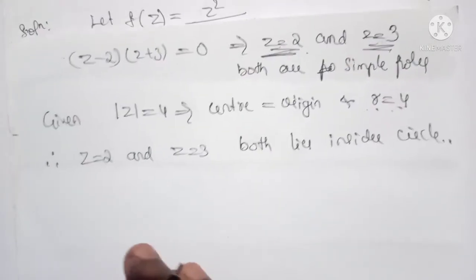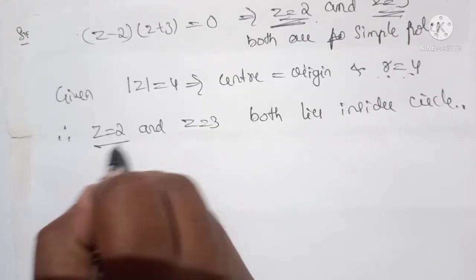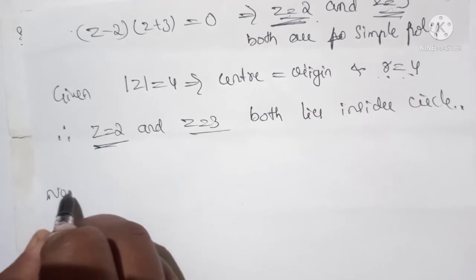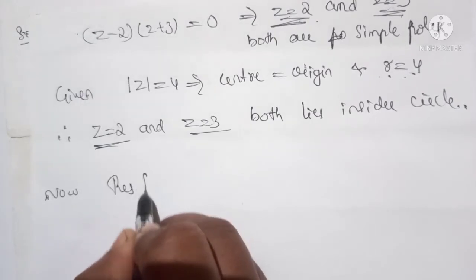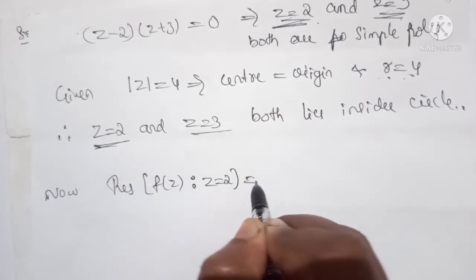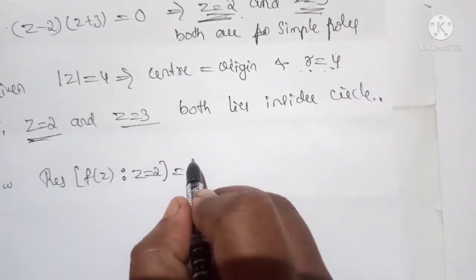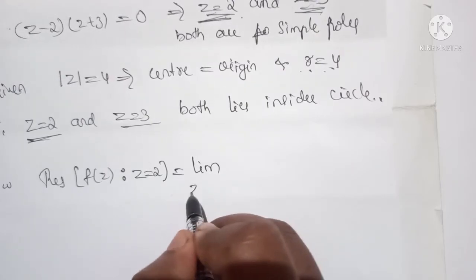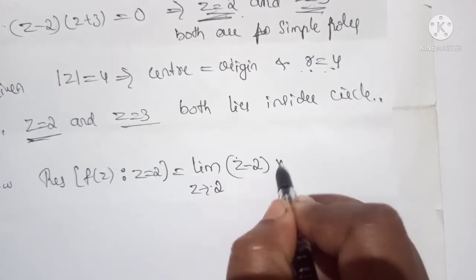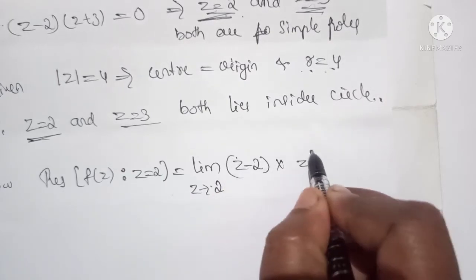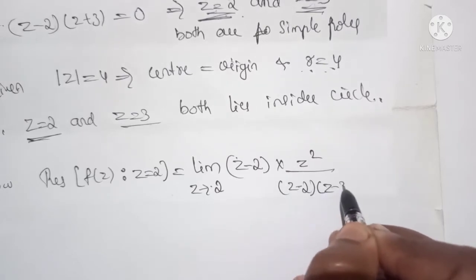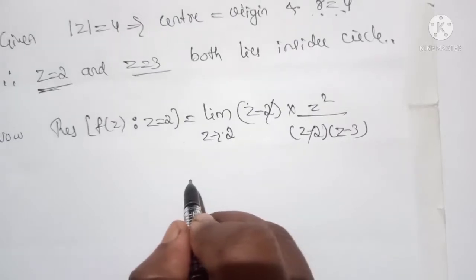Okay, so first we find the residue at z equals 2 and at z equals minus 3. So now the residue of f(z) at z equals 2: because these are simple poles, we use the first formula, that is limit z tends to 2 of (z minus 2) times f(z), which is z square divided by (z minus 2)(z plus 3). The z minus 2 gets cancelled.